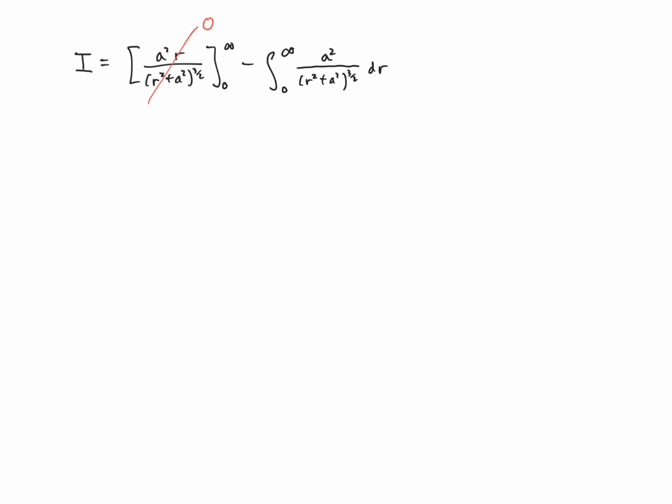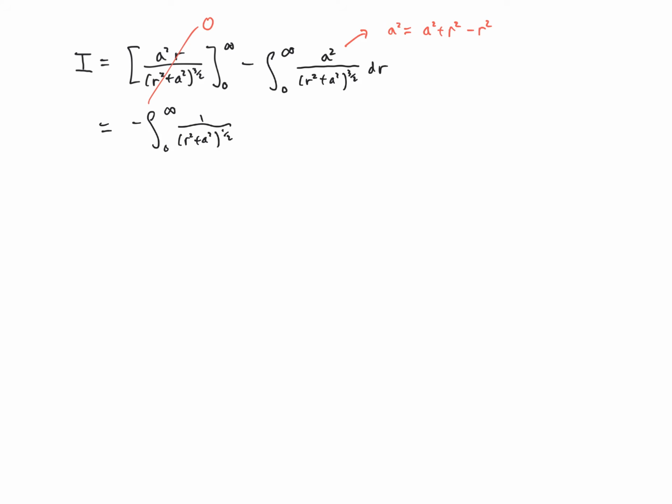It's not yet easy. Let's suppose that this a squared can be written as a squared plus r squared minus r squared. Well, we don't have to suppose very hard, that's definitely true. So when we write the integral, therefore, we can write it as minus the integral of 1 over r squared plus a squared to the 1/2.